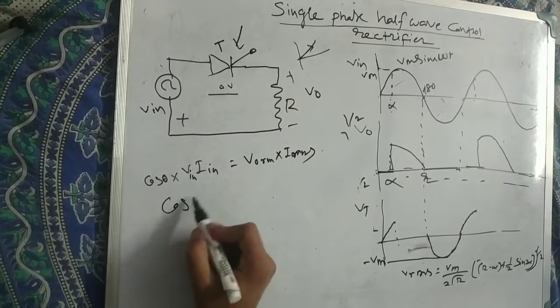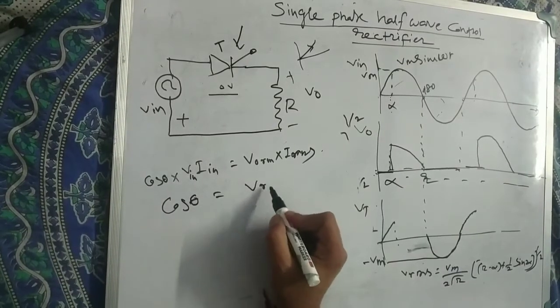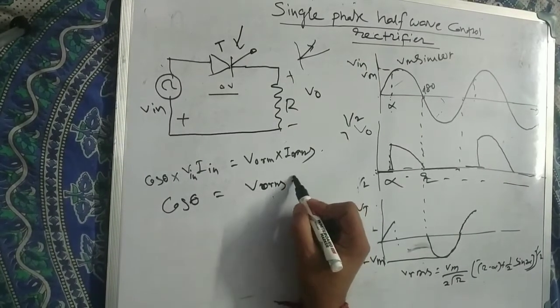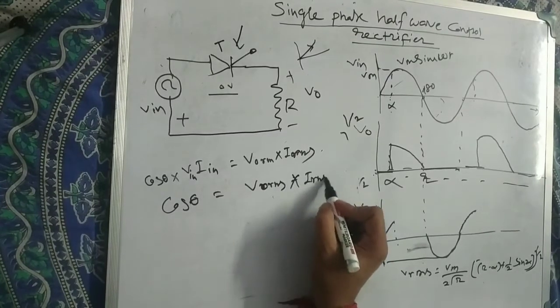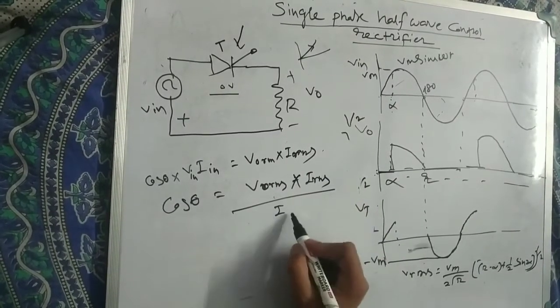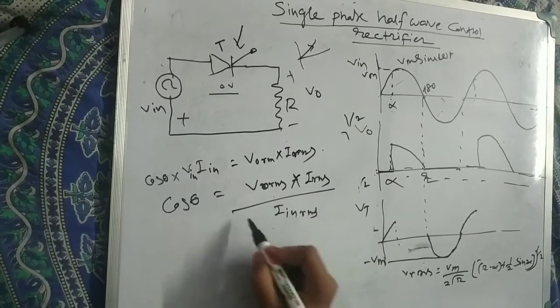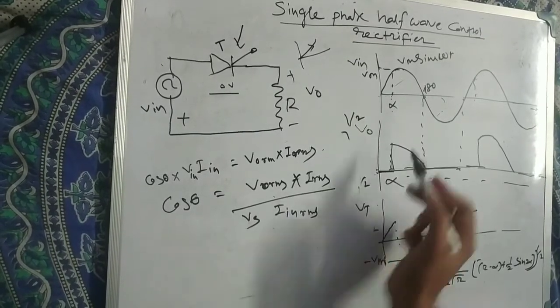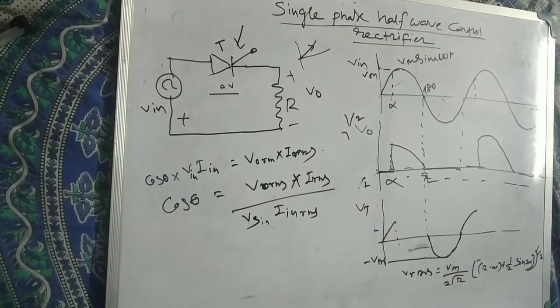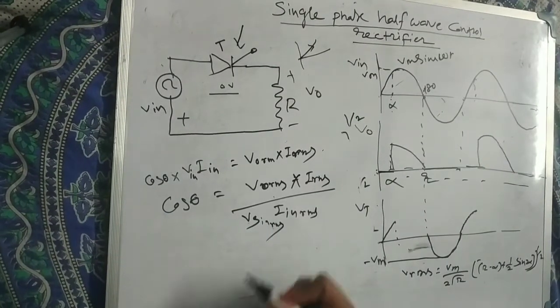So the input power factor cos theta will be V output RMS into I RMS by I input RMS and V source input voltage, which is also an RMS value.